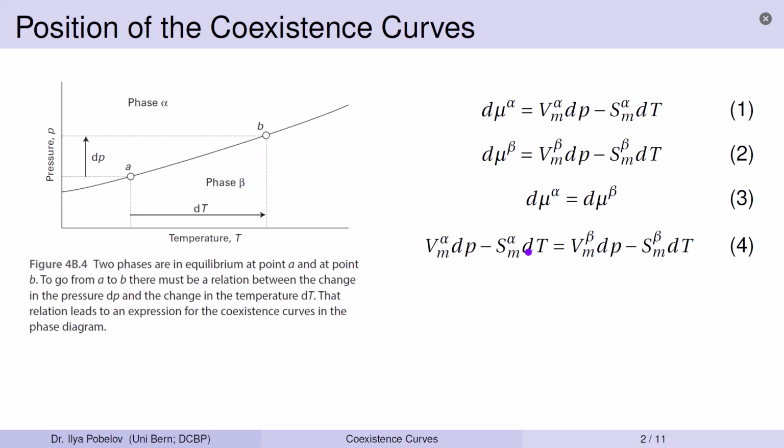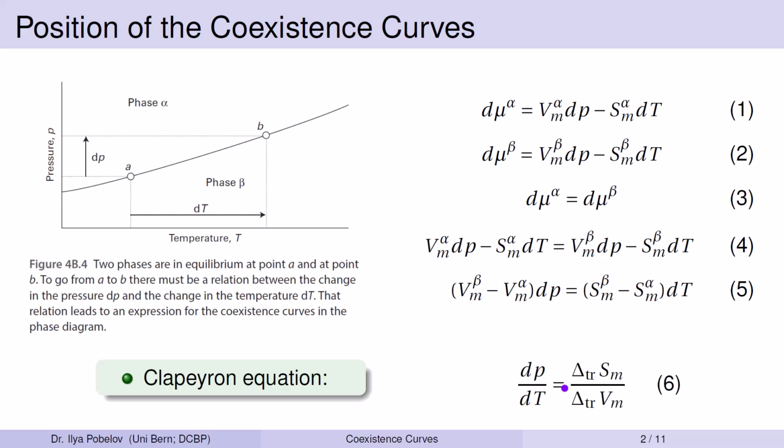After equating these changes, we obtain an expression that links the differences in their molar volumes and molar entropies with respect to the changes in temperature and pressure. This relation, derived from the equalities of the chemical potentials and their dependencies on pressure and temperature changes, is known as the Clapeyron equation.